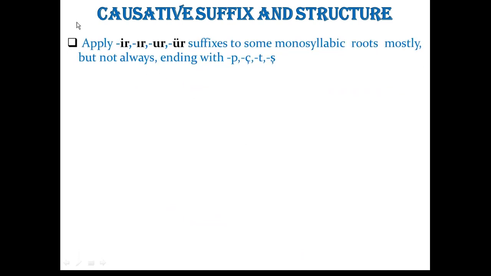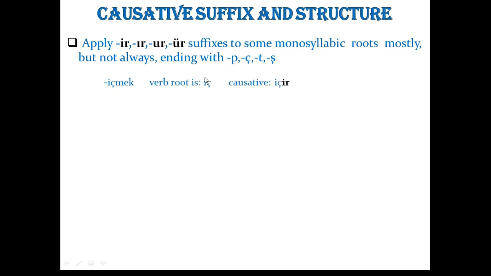As another rule, apply ir, ür suffixes to some monosyllabic roots, mostly but not always ending with p, ç, t, ş letters. So these constitute exceptional cases if they end mostly with p, ç, t, ş letters.